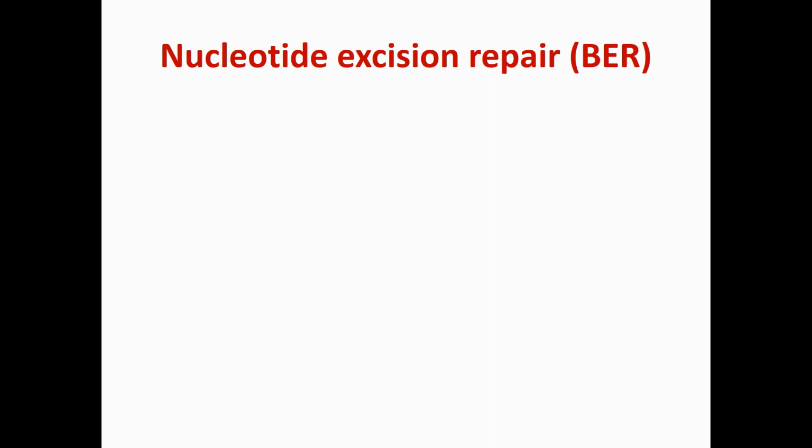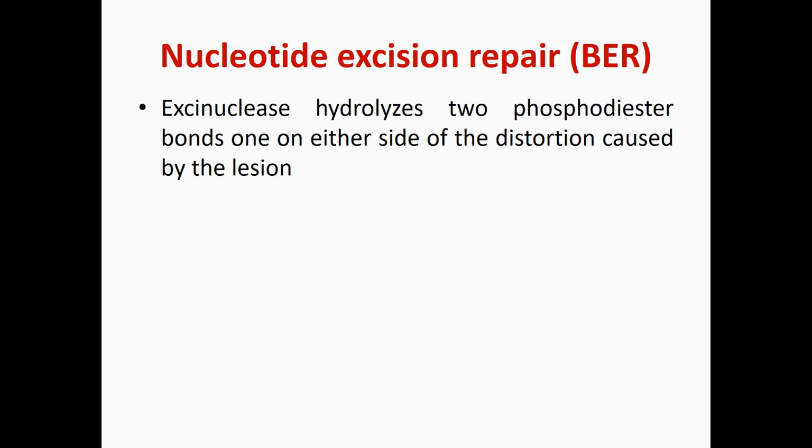Now comes the last DNA repair mechanism, that is nucleotide excision repair. Here the main enzyme is the excinuclease. What is the excinuclease? There are three types of nuclease: endonuclease, exonuclease and excinuclease.